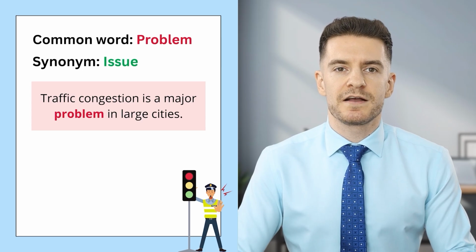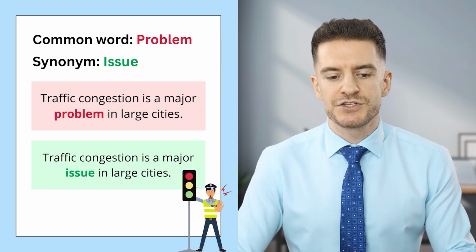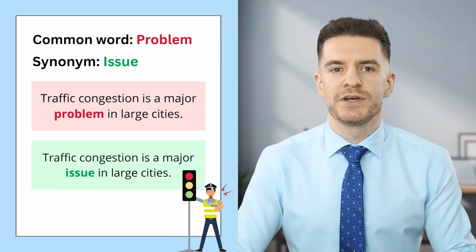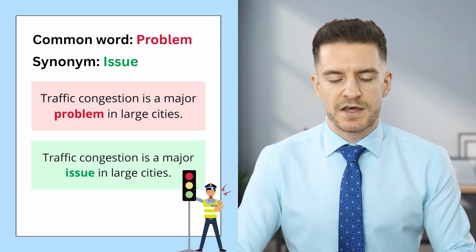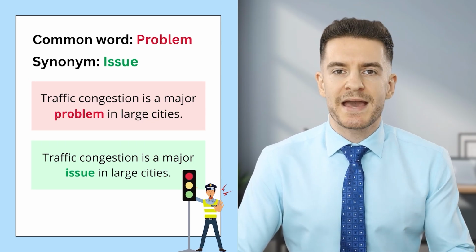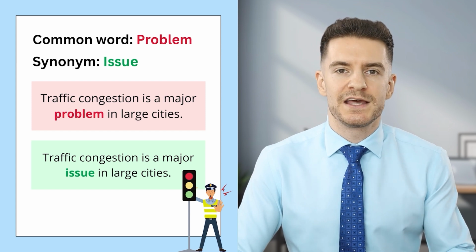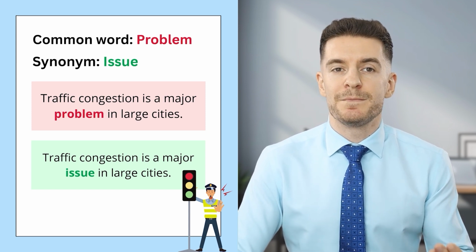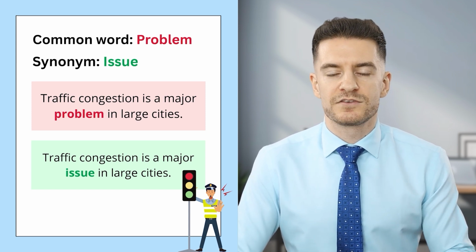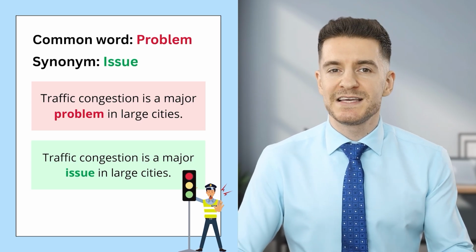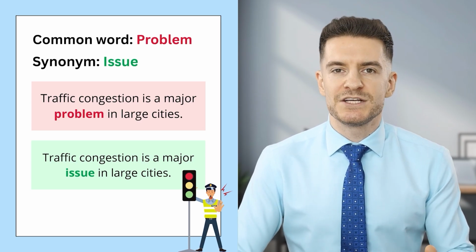Well, instead of saying that, we could say traffic congestion is a major issue in large cities. And just in regards to the word major, note how we have said major and not big. A lot of students would say a big problem, but no, that's not very professional. That's very basic. So we could use the word major.